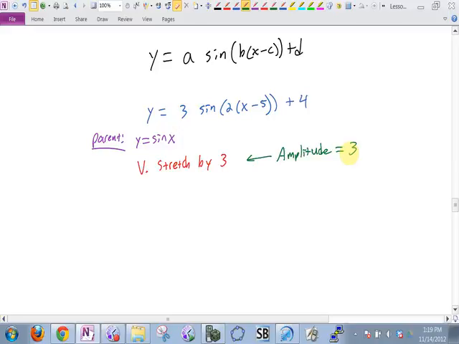Okay, so a vertical stretch by 3 will change the amplitude of the sine graph to be 3. Agreed? Yes. Okay, what else do we do to the parent function?